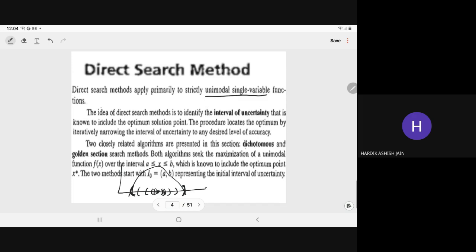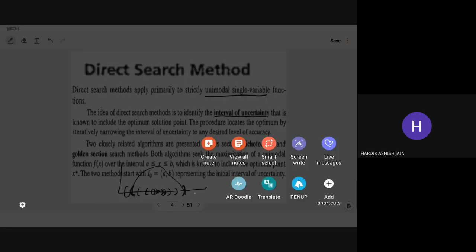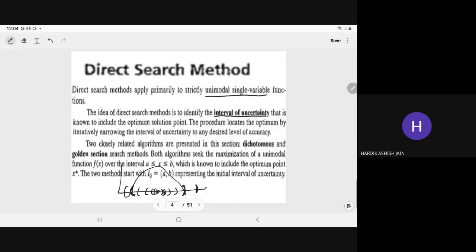The idea of the direct search method is to identify an interval of uncertainty. Why are we taking an interval? Because we are taking a bigger distance. And why do we call it uncertainty? In this interval the optimum point may or may not exist, but we assume that it must exist. It is known to include the optimum solution point.